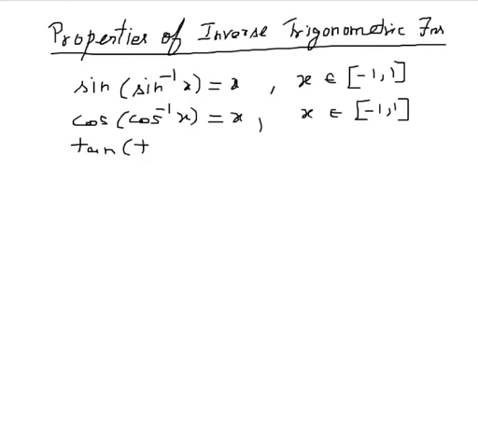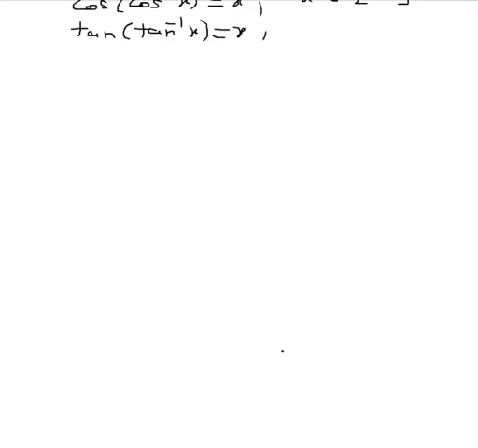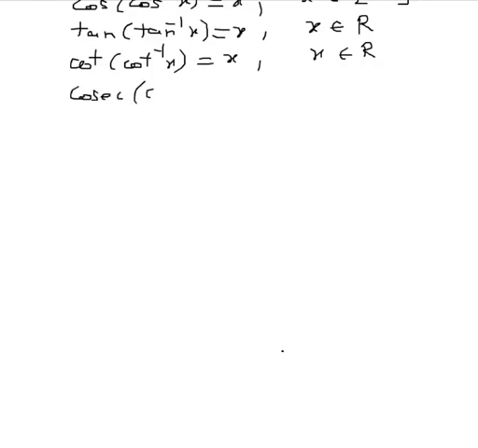Then tan(tan inverse of x) is x, where x belongs to R. And then cot(cot inverse of x) is x for x belonging to R. And cosec(cosec inverse of x) is x for all x belonging to R minus the open interval -1 to 1.